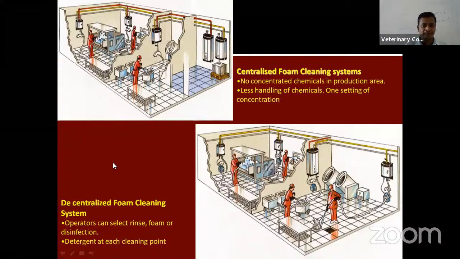The second is decentralized foam cleaning systems, where the foam generator gets connected to a pipeline or system, and foam cleaning is done wherever required. Centralized means it covers the entire area.